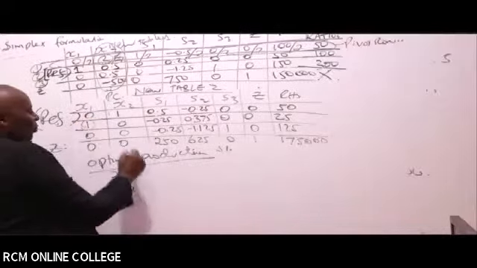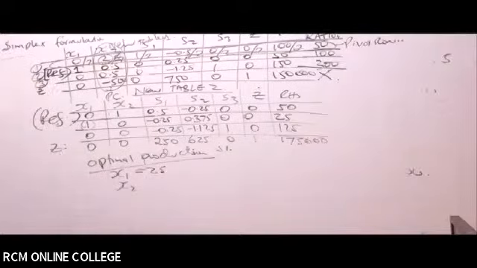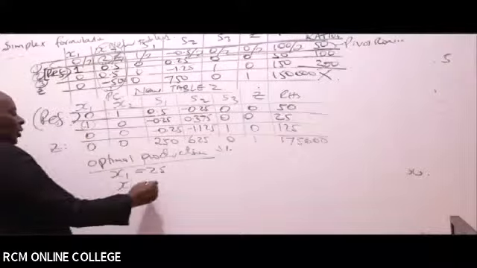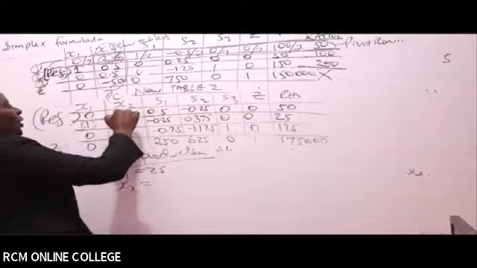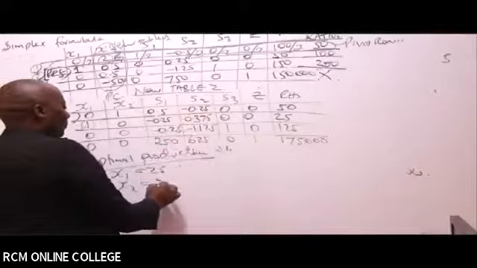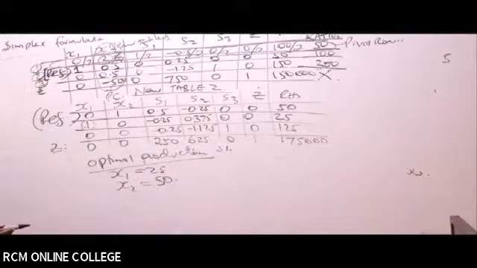So basically X1, we produce how many? 25. X1 will produce 25 units. How about X2 if you're following? X2 shall produce how many units? X2, you work with this 150. Thank you so much. That is really, really important.